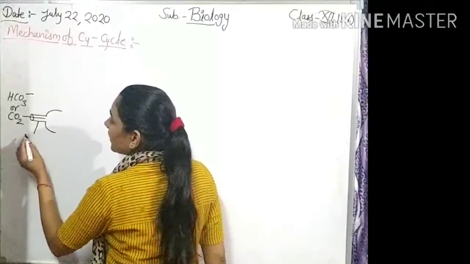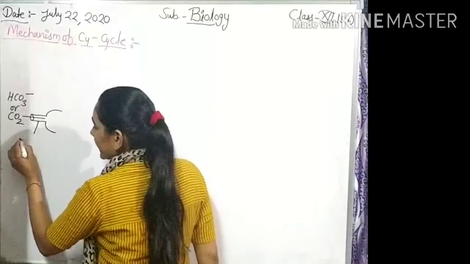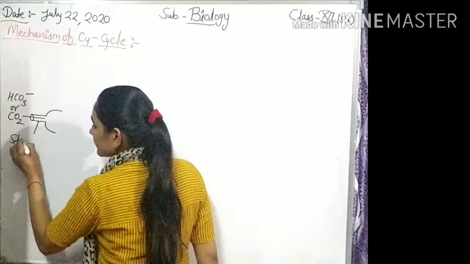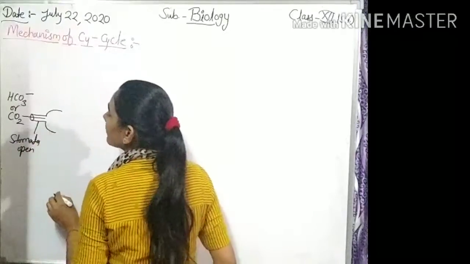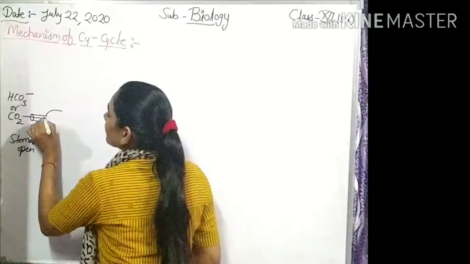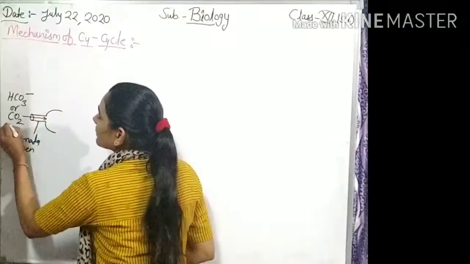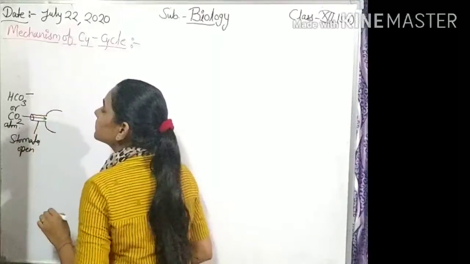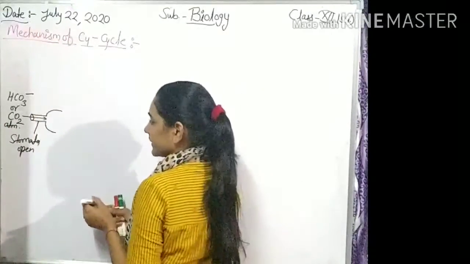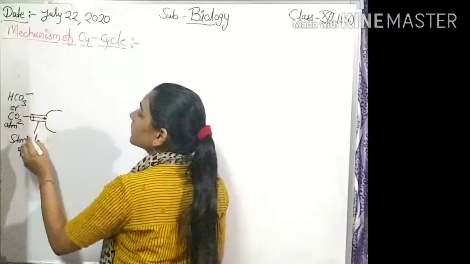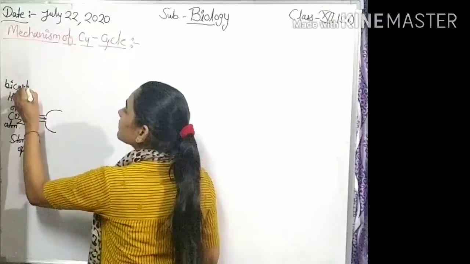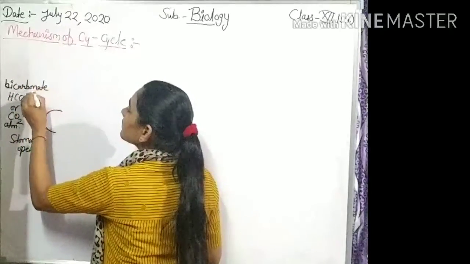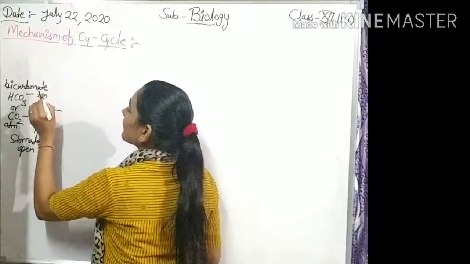When stomata are open in the daytime, atmospheric CO2 enters in the form of bicarbonate ion.